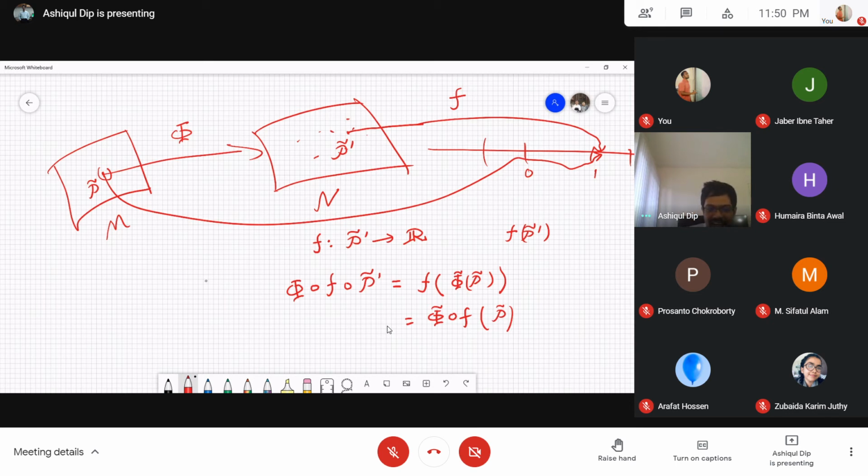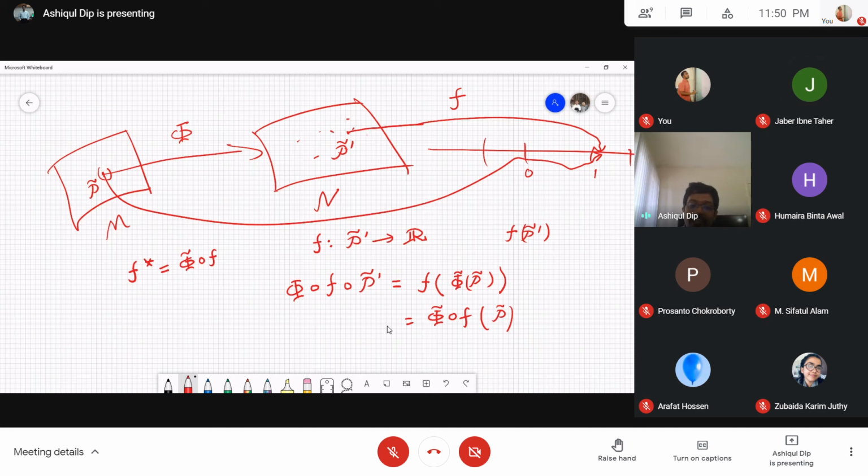Pullback of F is usually written with an upper star, wait, is pullback upper star or lower star? I think it's upper star. Push forward is the lower star. So that's this thing, phi tilde composed with F. F was first distributed over the N plane.